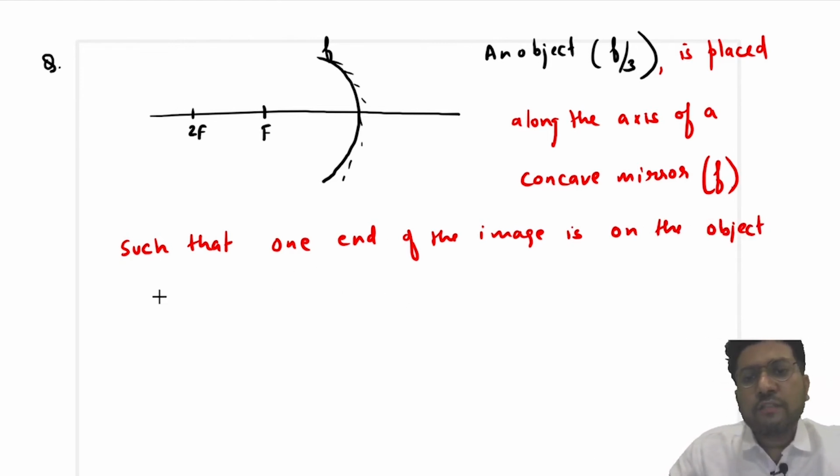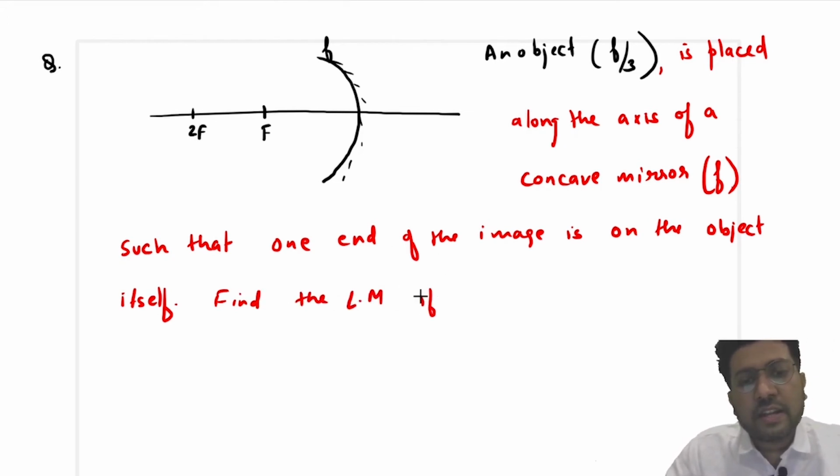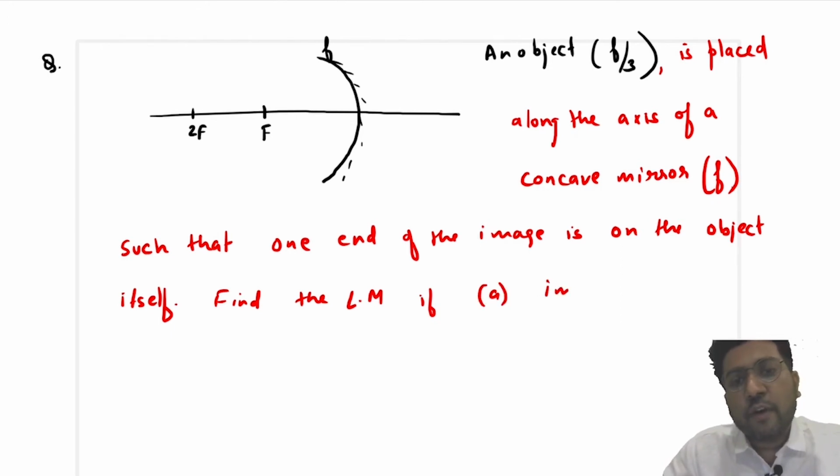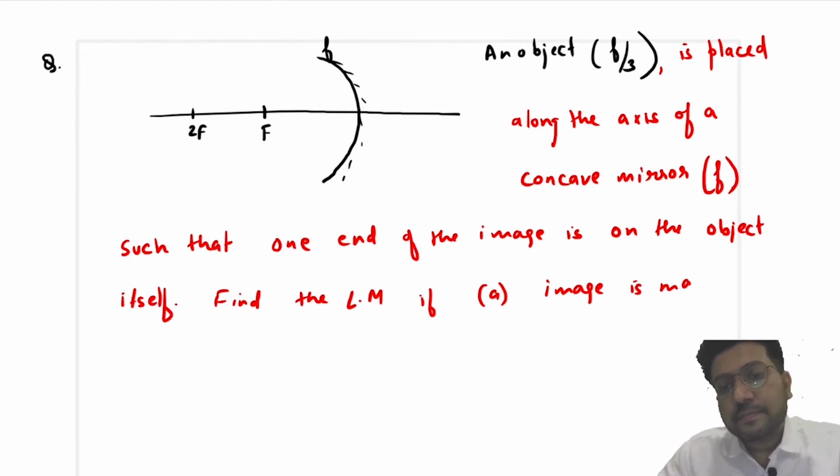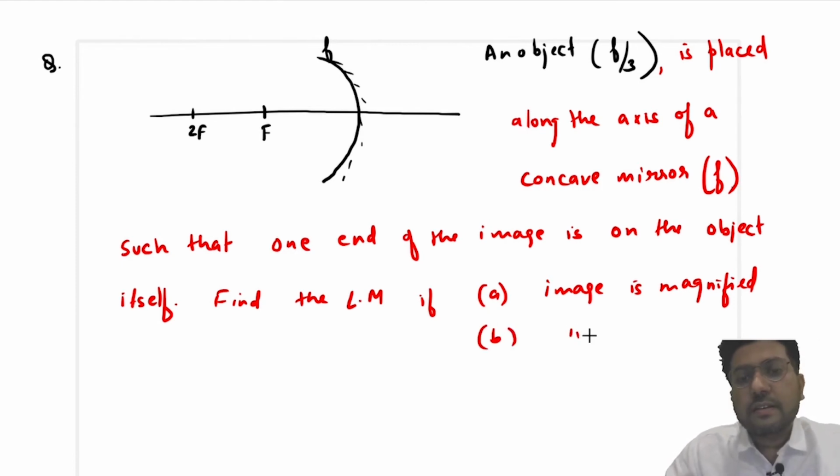One end of the image is on the object itself. Okay, then find the longitudinal magnification if A, image formed is magnified, B, image formed is diminished.